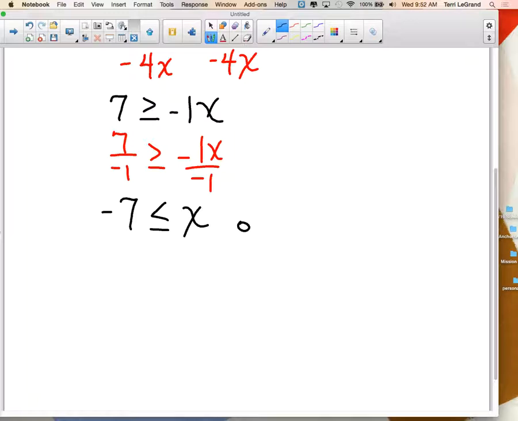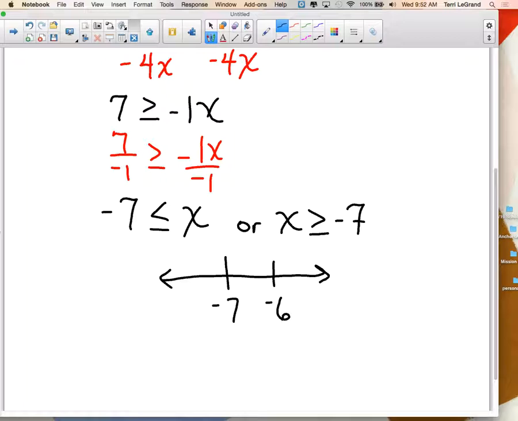Or what's the other way this can be written? X is greater than or equal to -7. And just as we've always been doing, what are we going to do? Graph it. On that graph, we are going to have the endpoint -7 and its neighbors that are -6 and -8.